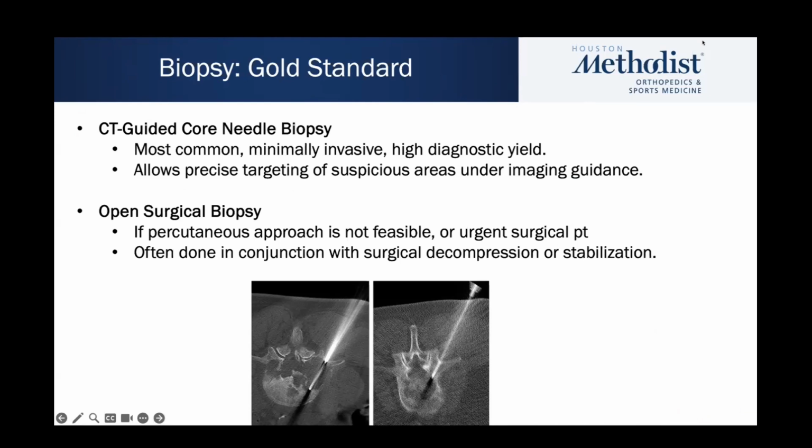And typically what we use, particularly in these situations, as they may not be pathologic tumors, is more for ruling out. But open surgical biopsy in some instances can be helpful, particularly if the patient has an acute neurologic deficit and you don't have the ability or luxury of having a CT-guided biopsy.